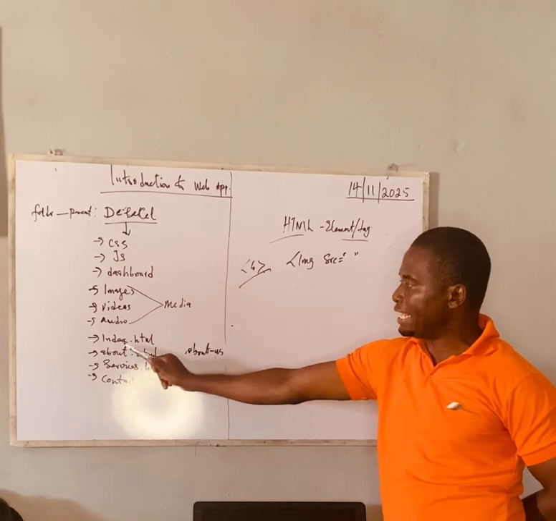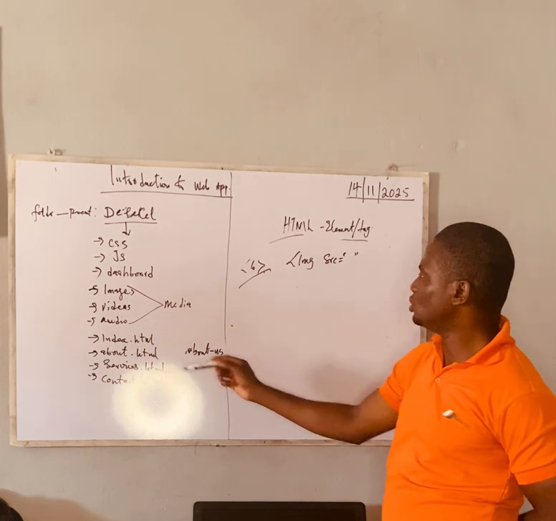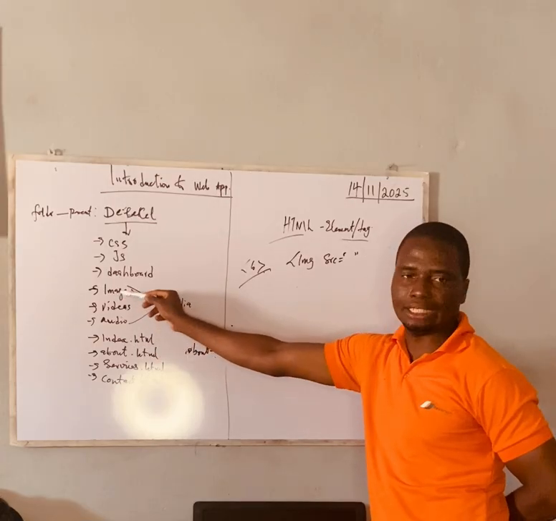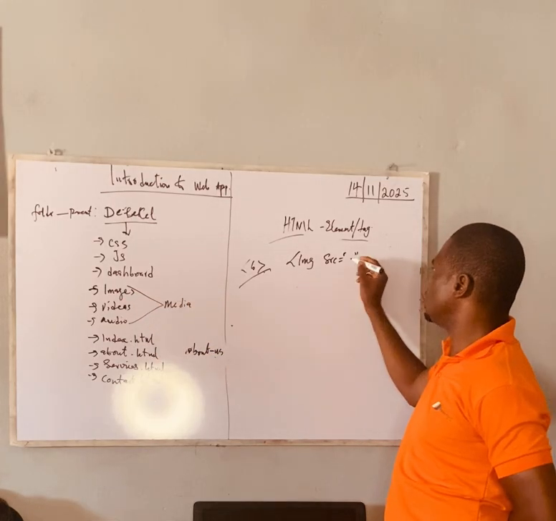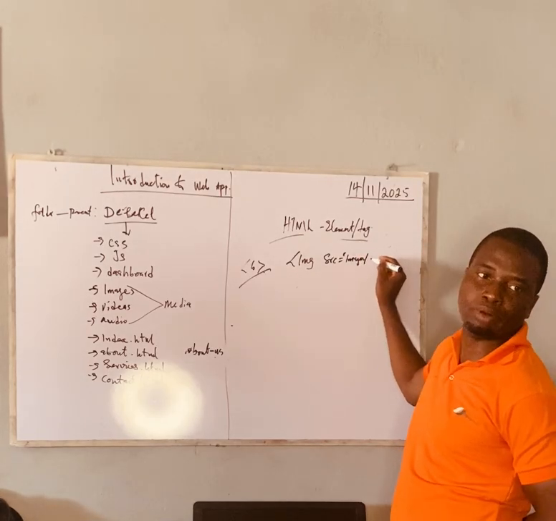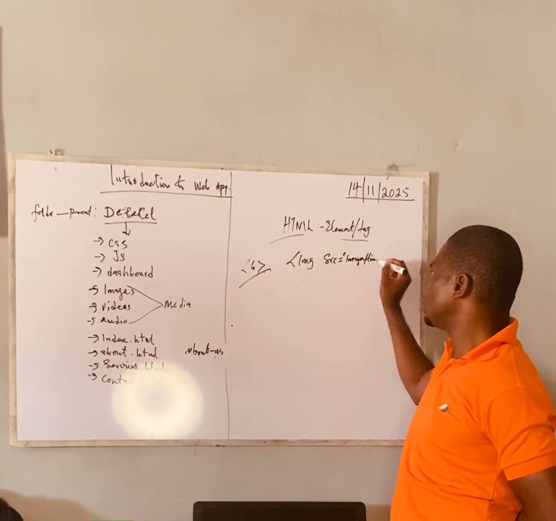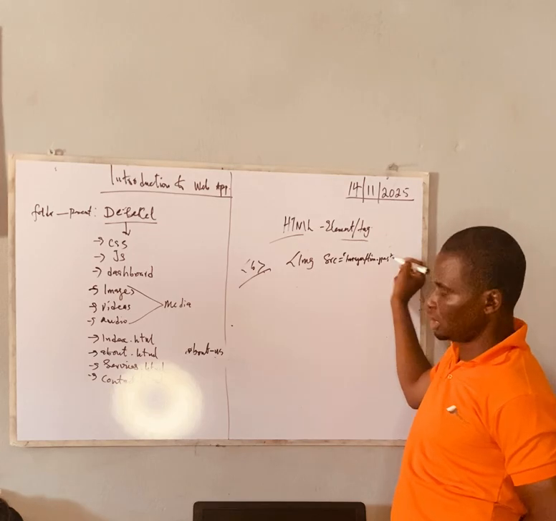Let's assume you are here and you want to access something here. You just have to knock at this door. You just say images, slash, the name of the image. Let's say the name of the image is Tinubu.jpeg. Are we there? Yeah.